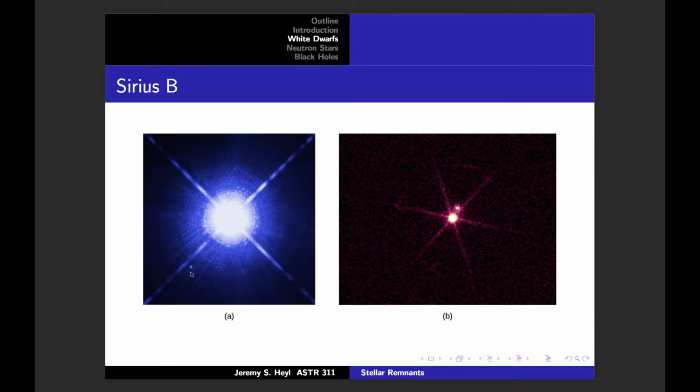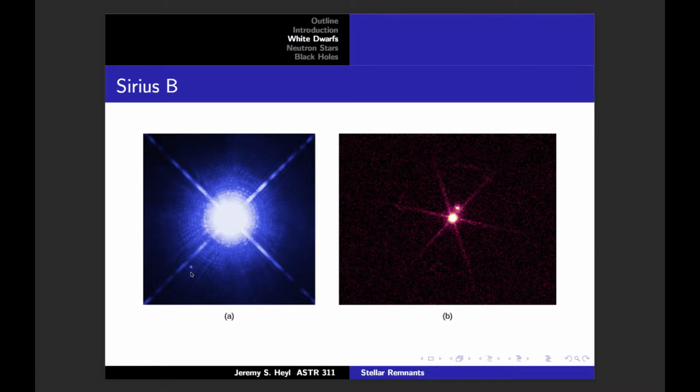By looking at that, we can go, well, if that star is about the same temperature as Sirius, but it's so much fainter, it must be a really, really small object, small radius. And just by comparing how bright one is to the other, you can conclude that that little guy's radius is about 1/100th of the sun, right?